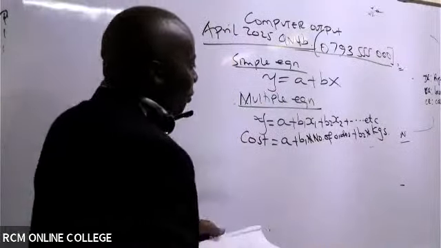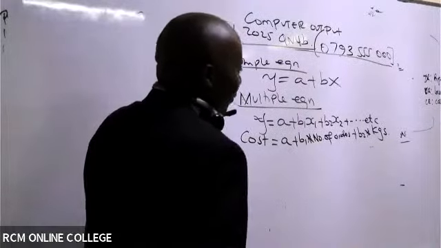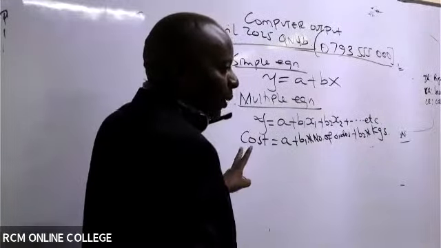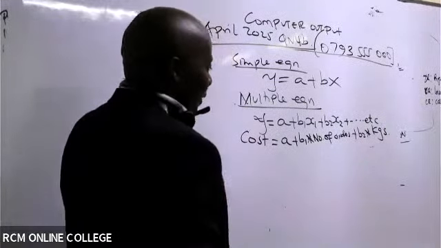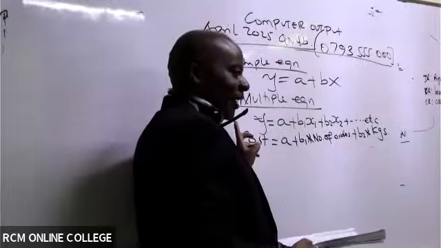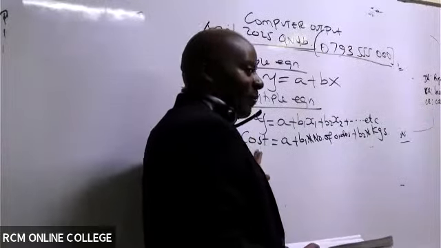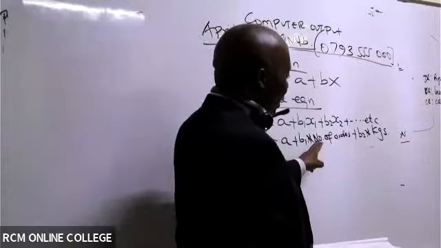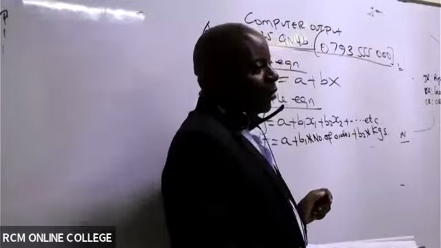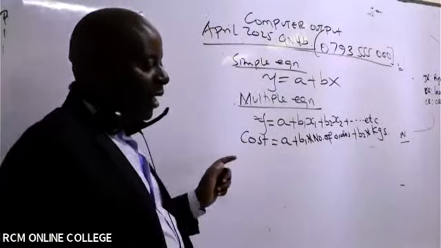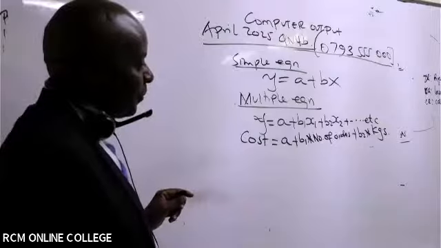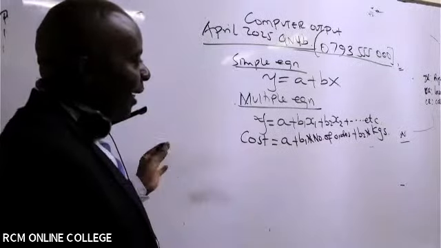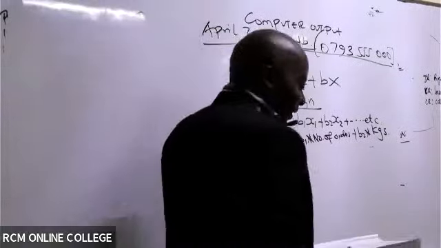So now I'm able to see evidently that I've got two predictor variables. Remember, cost is the dependent variable. So I've got two independent variables. We also call them predictor variables. I just want you to understand the whole scenario.